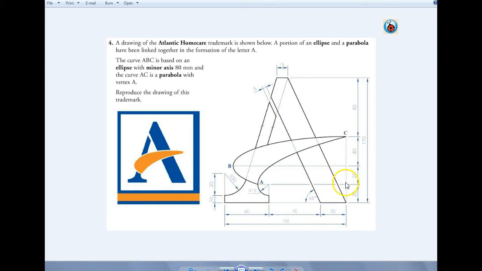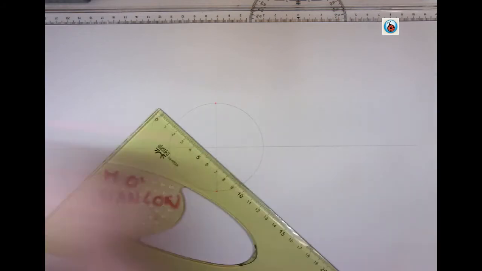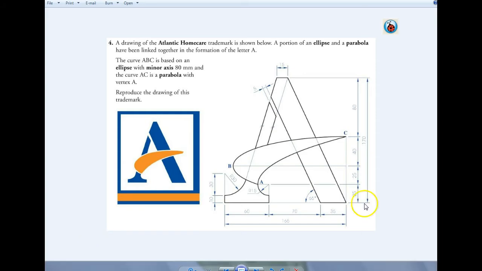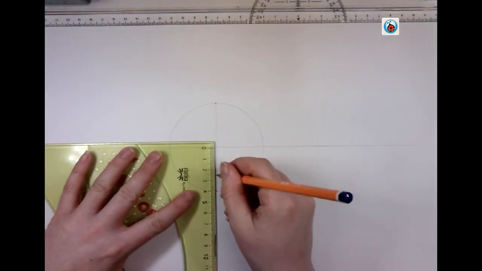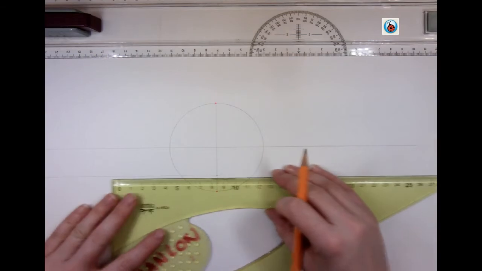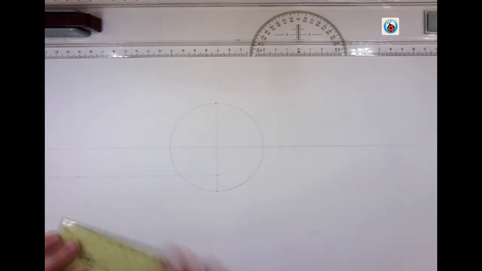So we're going down 25 and over 120 from this point here, which is the center point of the ellipse. 25, and over 120. And that there now has given me point A.